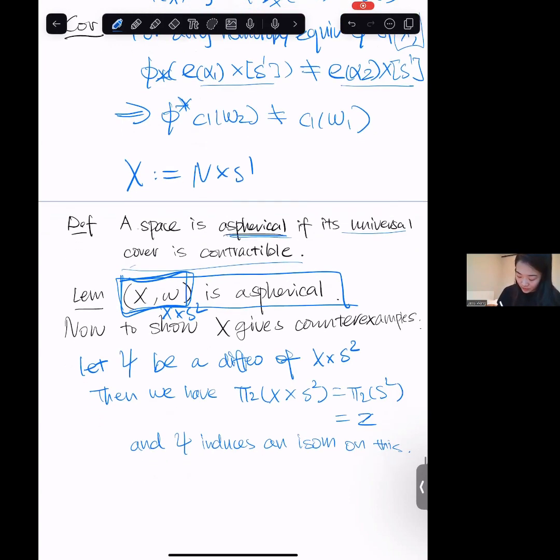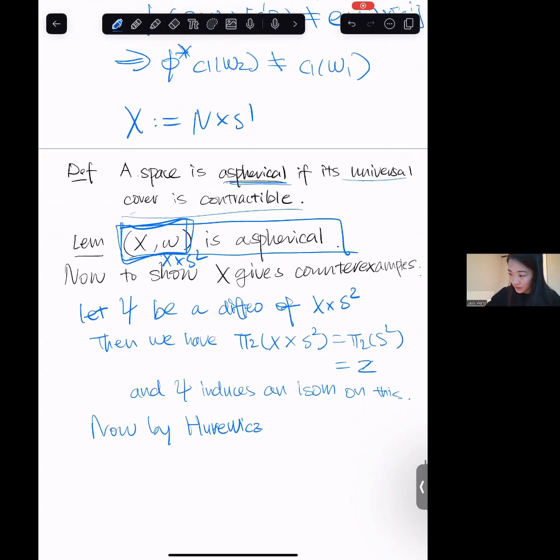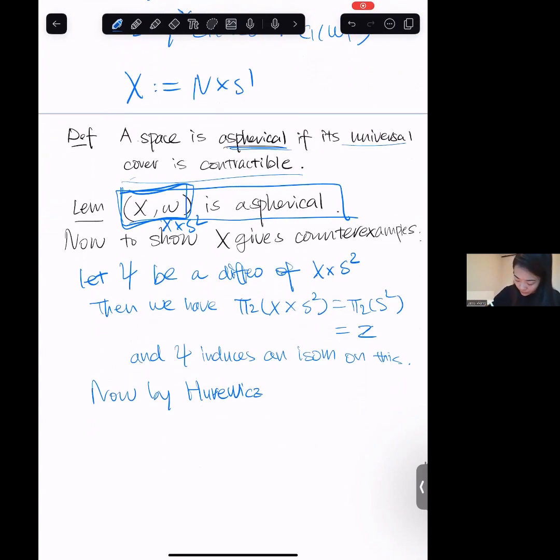And now by Hurwitz, we know that psi pushes forward the class of P1 to plus or minus the class of P1 as homology classes.